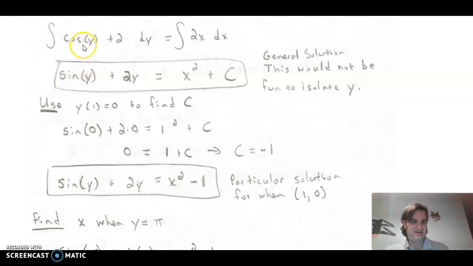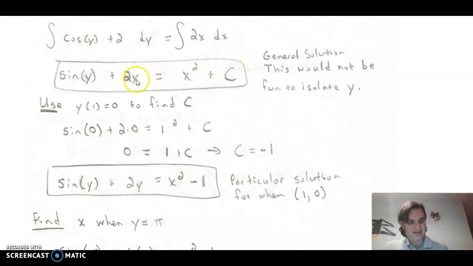So integrate: cosine y becomes sine y, 2 becomes 2y, because that's the variable we're integrating here. 2x becomes x squared. Once again, there's a c on both sides, but we'll combine them into a single c.